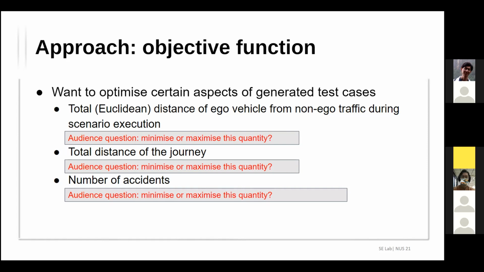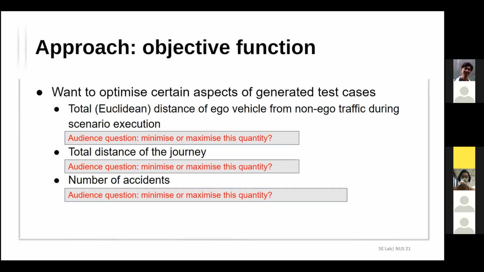For the number of accidents, I think we want to maximize it because accidents are very rare in the training data, but at the same time very vital for the security of the autonomous driving system. This will be considered a good corner case. So it's a maximization problem, right?